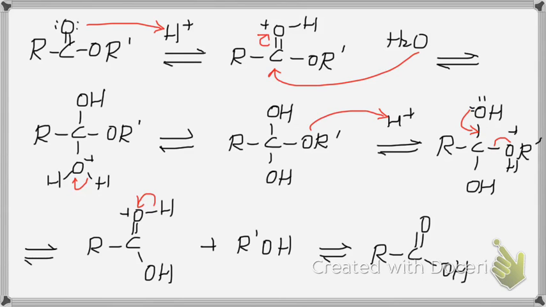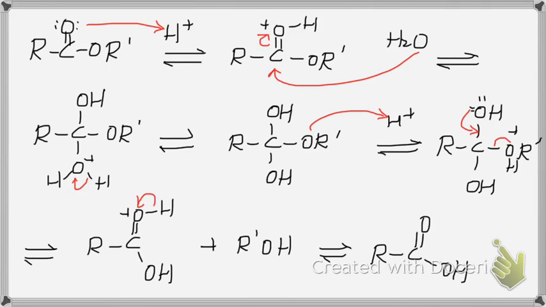And no matter if it's esterification or hydrolysis of esters, the reaction is classified as nucleophilic acyl substitution. The first stage in the nucleophilic acyl substitution is the formation of the tetrahedral intermediate.